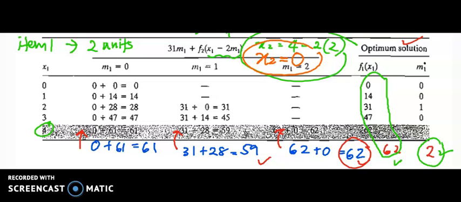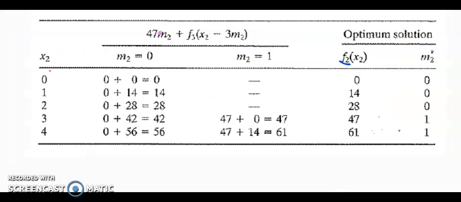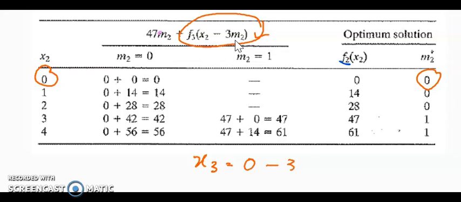Go back to our second stage. When x2 equals 0, m2 equals 0. Then we can use this equation. So now we know that x3 will be x2 minus 3 m2. So x2 is now 0, minus 3 times m2, and m2 is 0.